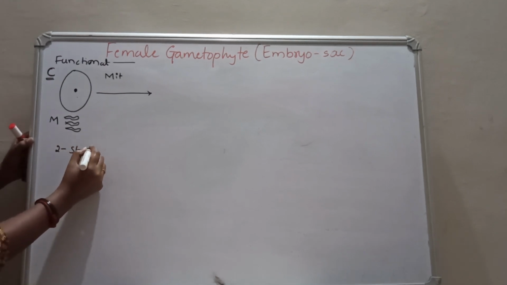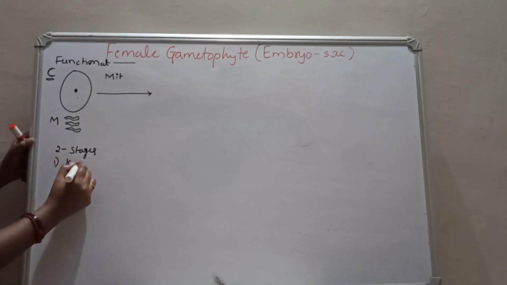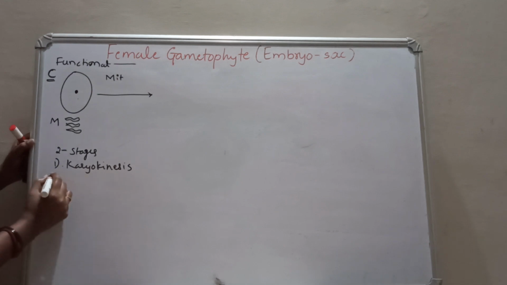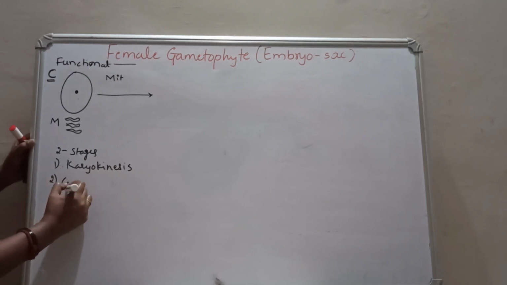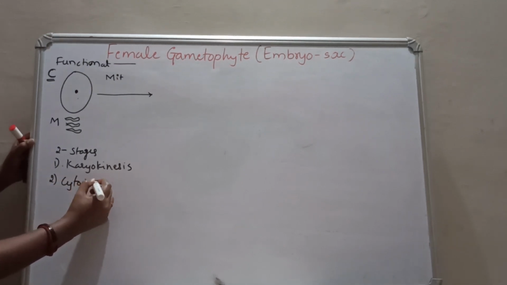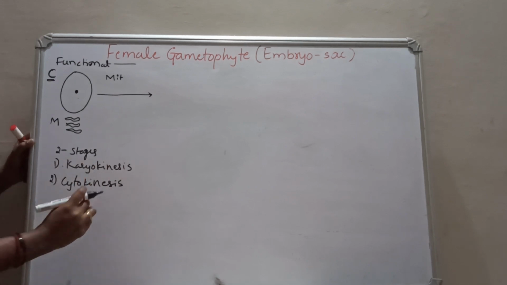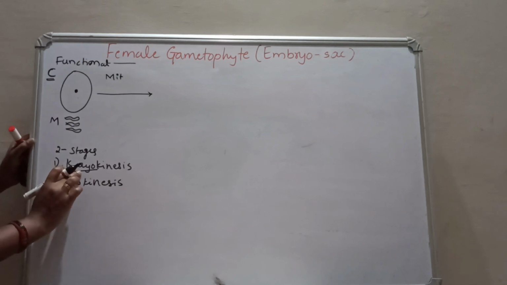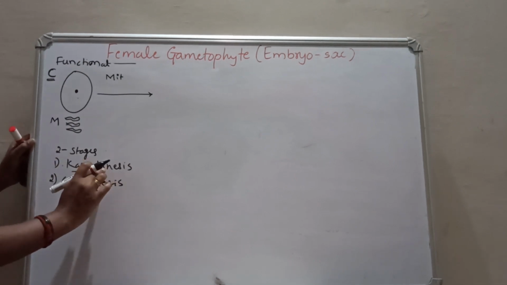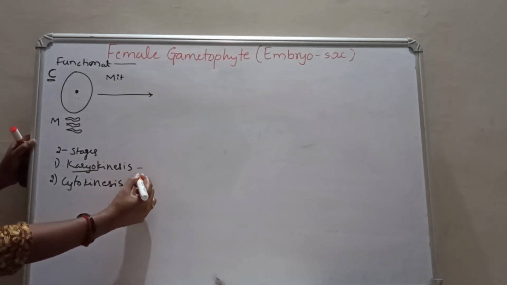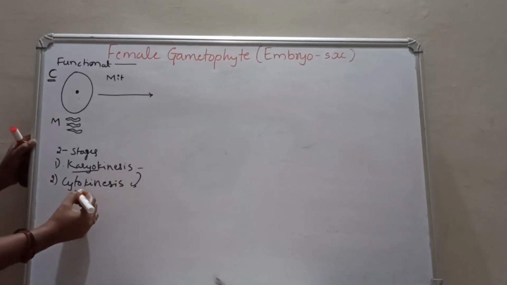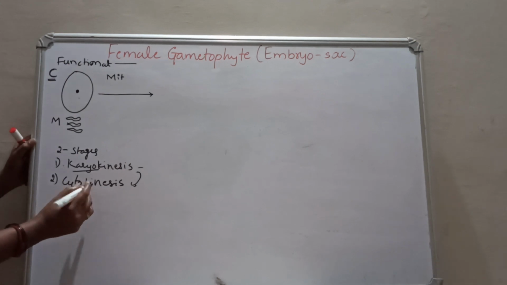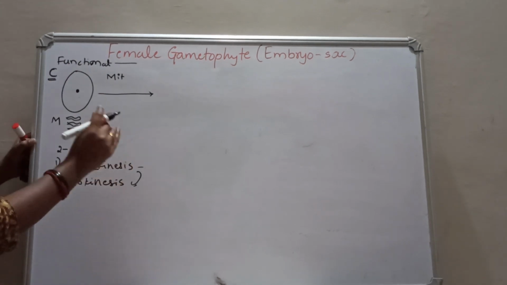These are, the first one karyokinesis, and the second one cytokinesis. Karyokinesis means only the nucleus divides. After the completion of karyokinesis, cytokinesis takes place, which means the cytoplasm divides.